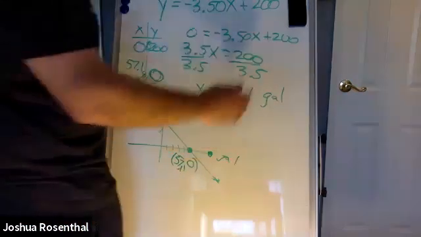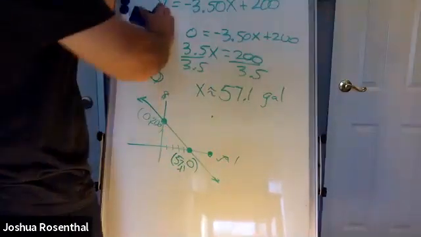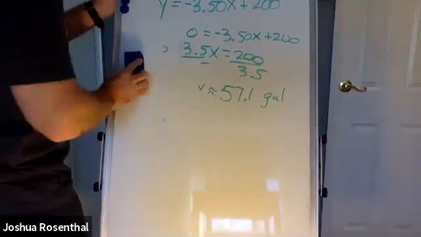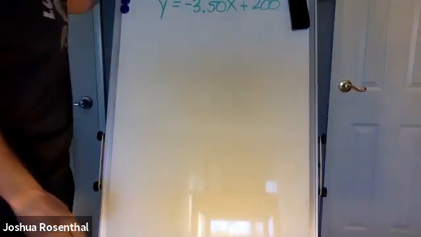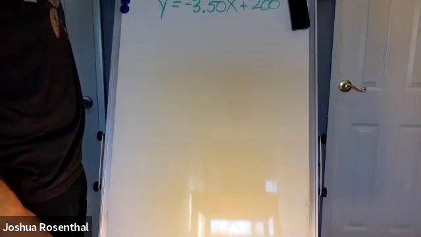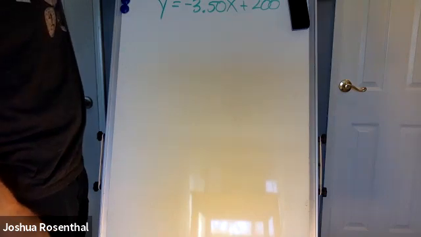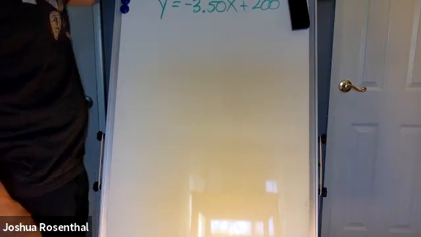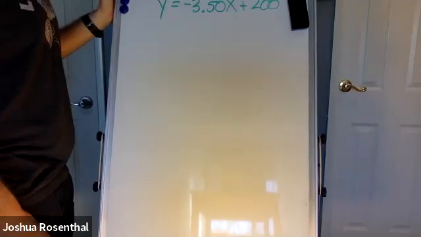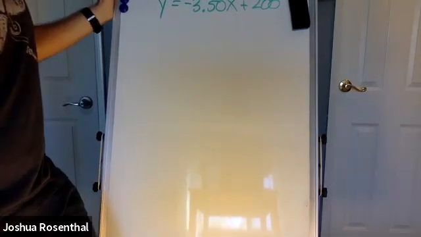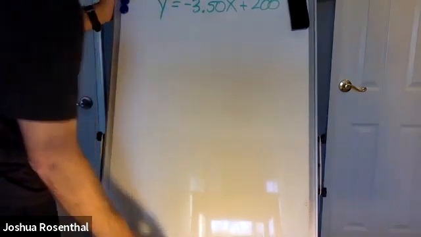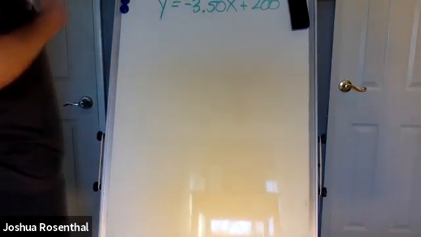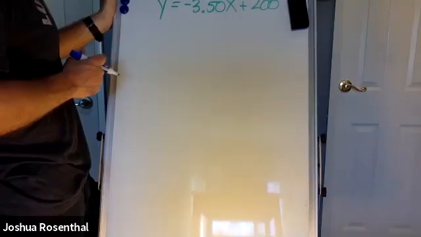Going to B. In part B, you're going to get a bunch of points: a point for identifying the x and y intercept, a point for interpreting, and a point for B. For B, predict how many gallons of gas Jack has when the balance on the card is about $80.